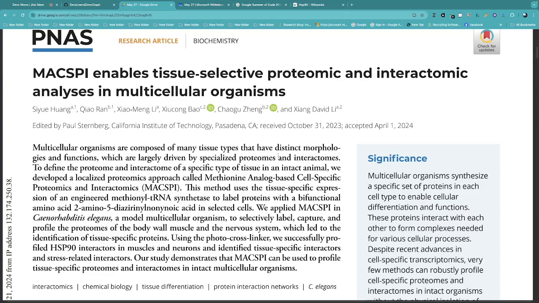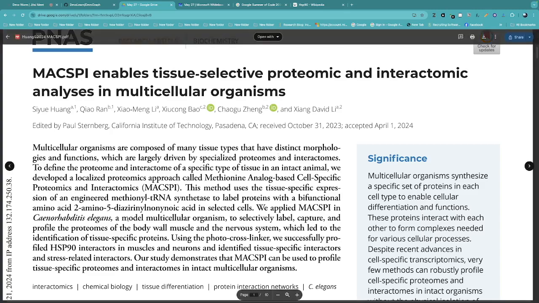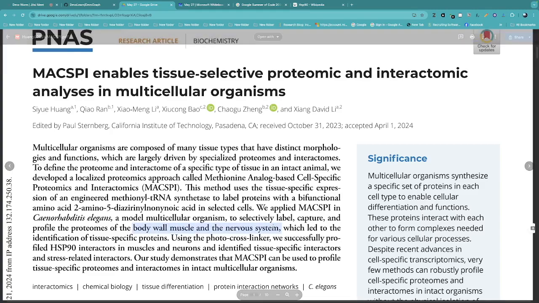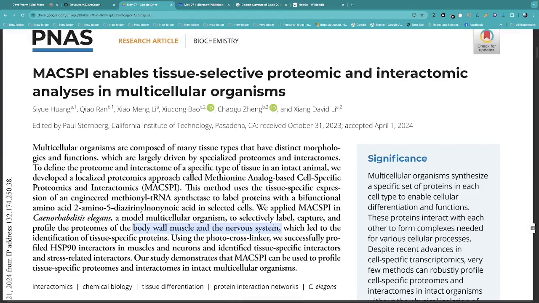We applied MACSPI in C. elegans, a model multicellular organism, to selectively label, capture, and profile the proteomes of the body wall muscle and the nervous system. So if you're not familiar with the C. elegans morphology in the adult or even in the larval worms, you have body wall muscle, which is along the walls of the body.